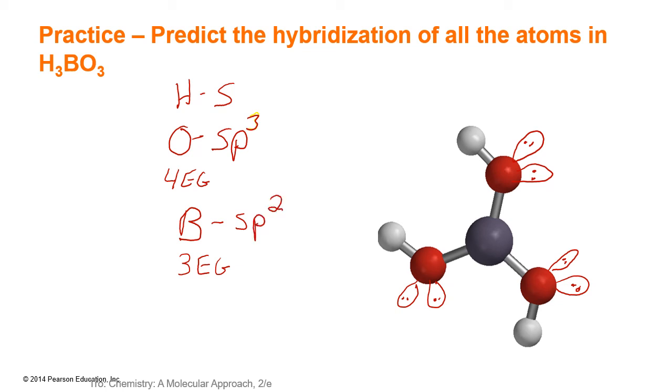So boron is going to be sp2 hybridized because it has 3 electron groups. Oxygen is sp3 hybridized because it has 4 electron groups. And hydrogen doesn't hybridize. It is just the s orbital.